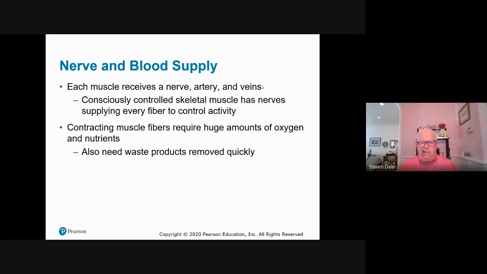Each muscle has its own nerve, its own artery, and its own vein. They rely on ATP. They rely on oxygen. They rely on glucose. And they also make waste. So contracting muscle fibers require huge amounts of oxygen and nutrients.